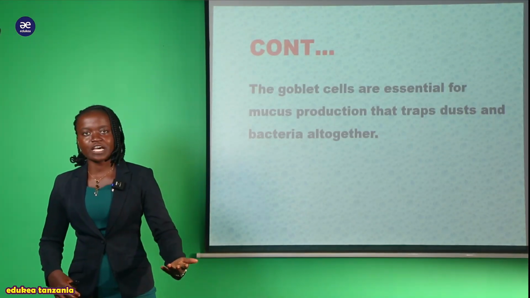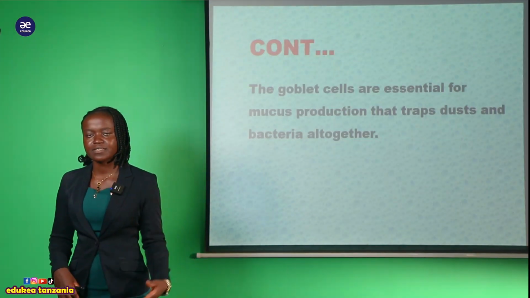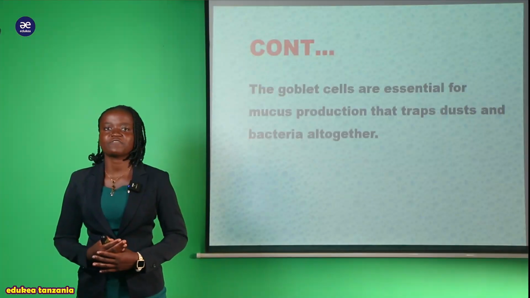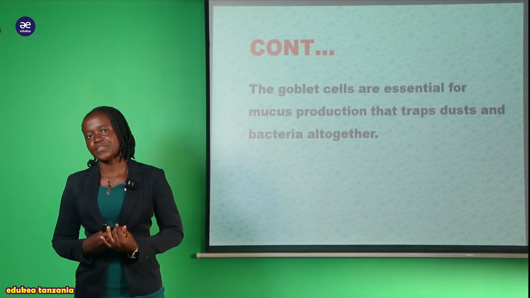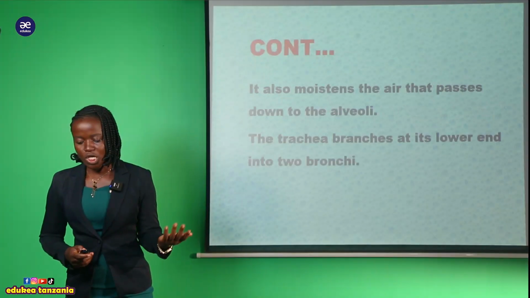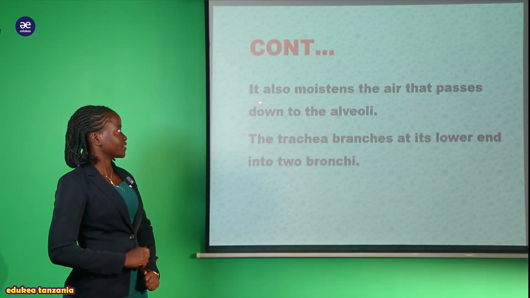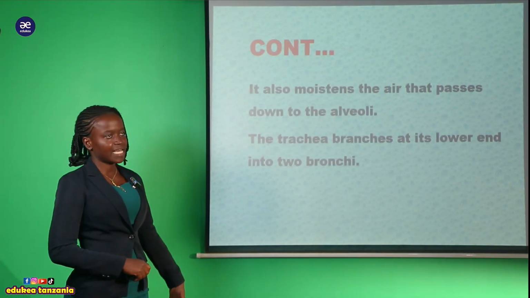Also within the trachea, we have seen that we have goblet cells, ndio ambayo inasaidia production of the mucus, hence trapping any germs or dust or bacteria that might enter with the air. We can also say that it is moistening the air that passes down to the alveoli.